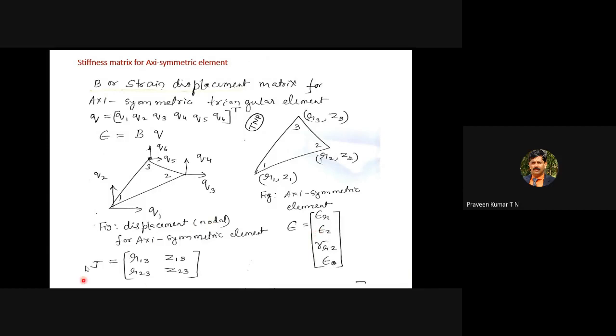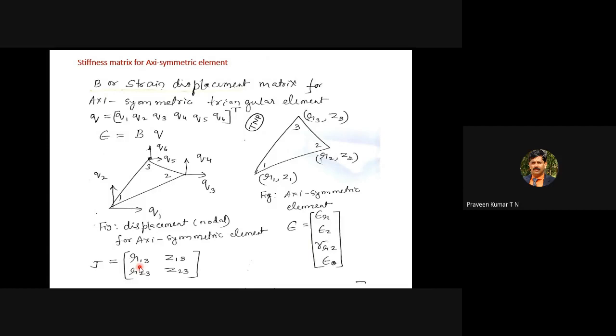Then there is one more matrix, the J matrix. As per your syllabus, there is no need to derive the J matrix. J is nothing but the Jacobian matrix. Imagine we have the strain in the r and z coordinates, but we require strain in the natural coordinate.